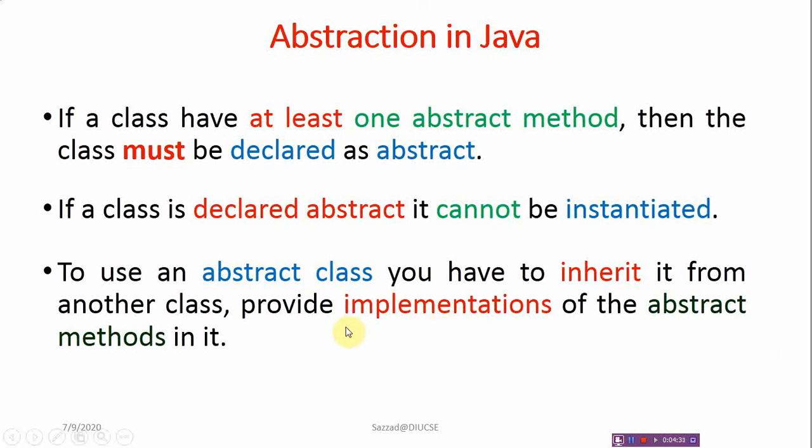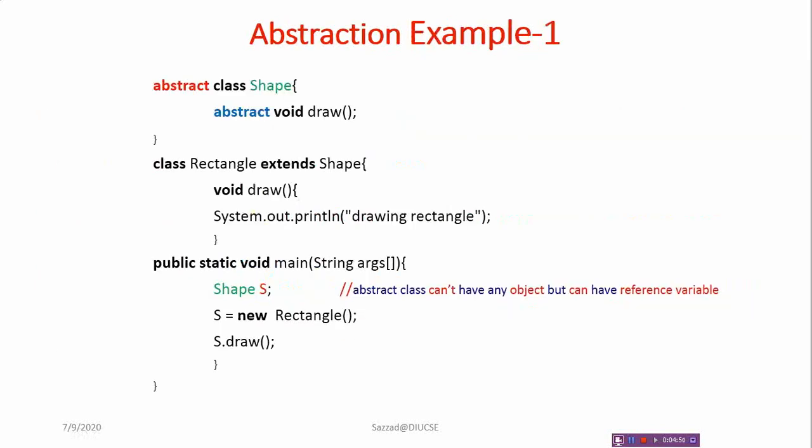Exactly the same here: if there are abstract methods in the abstract class, then the class that inherits it needs to implement all of them. Now let's move on to the example.